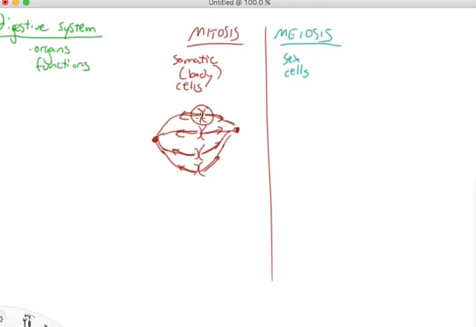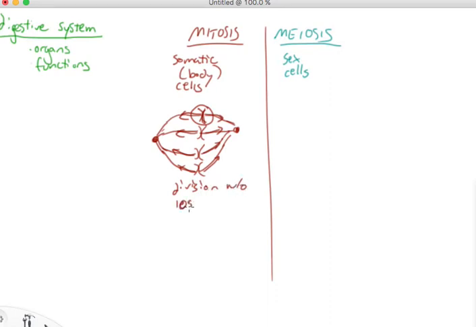Meaning, if this is split apart over here and turned into its own cell, and this little part right here is pulled over on this side and turned into its own separate cell, each one of those cells has the same amount of information as this cell right now, because there's no new information being lost when one goes to that side and the other goes to this side. So mitosis is a way of cellular division without loss of information.